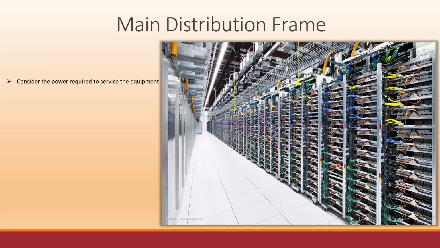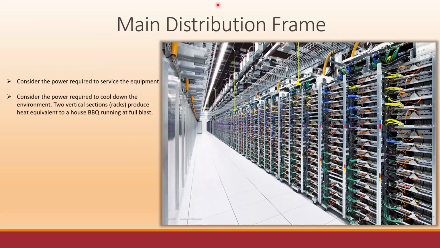You would not be able to walk in and work here. That's how much heat this would generate. So comparing this to a barbecue running, one or two racks generate heat comparable to a barbecue running. So how many barbecues do we have here? And let's say the air conditioning doesn't work.